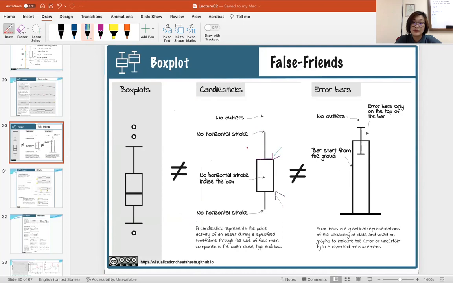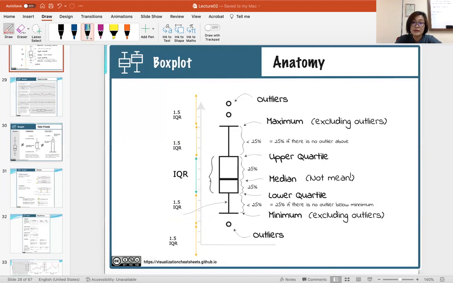This is the IQR. If you look at this, the dot is the outlier, and at this point is the maximum. From the upper quartile to the maximum is about 1.5 IQR, and from the upper quartile to the lower quartile, the whole thing is 1 IQR.